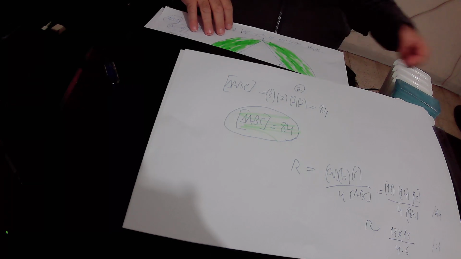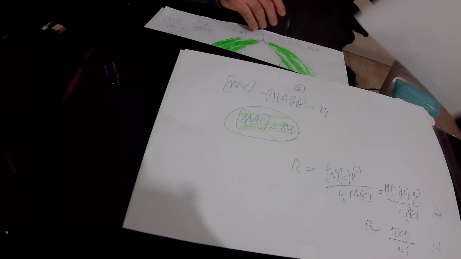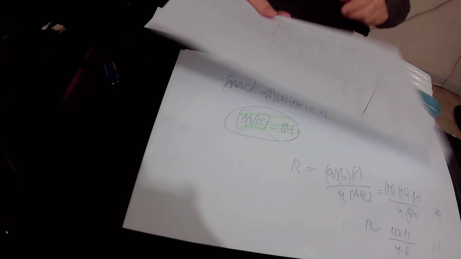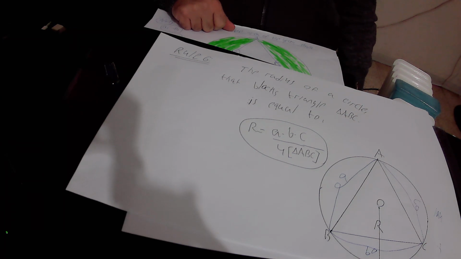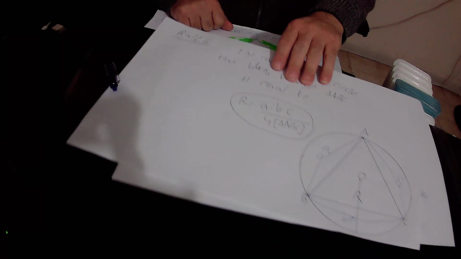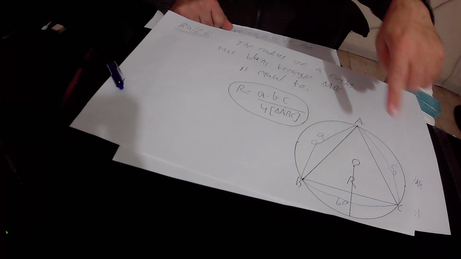Then I presented to you rule number 6. According to rule number 6, the radius of a circle that circumscribes triangle ABC is capital R. The radius capital R equals A times B times C over 4 times the area of this triangle ABC.